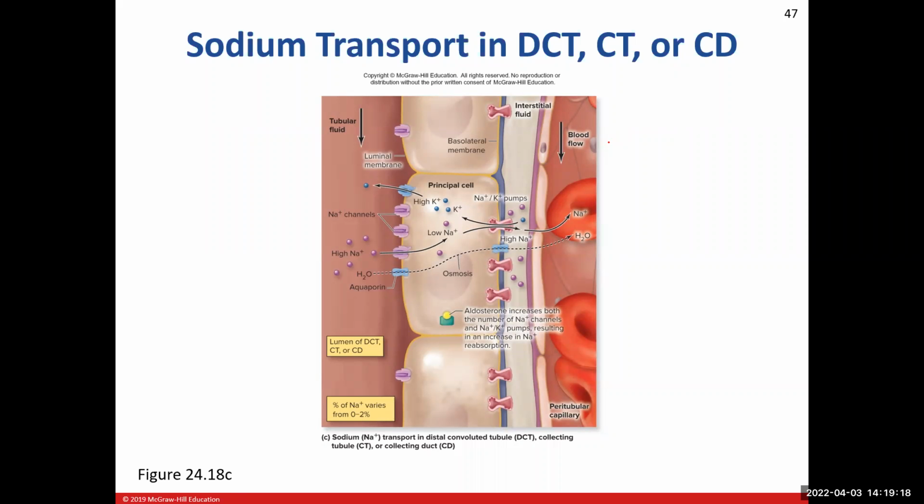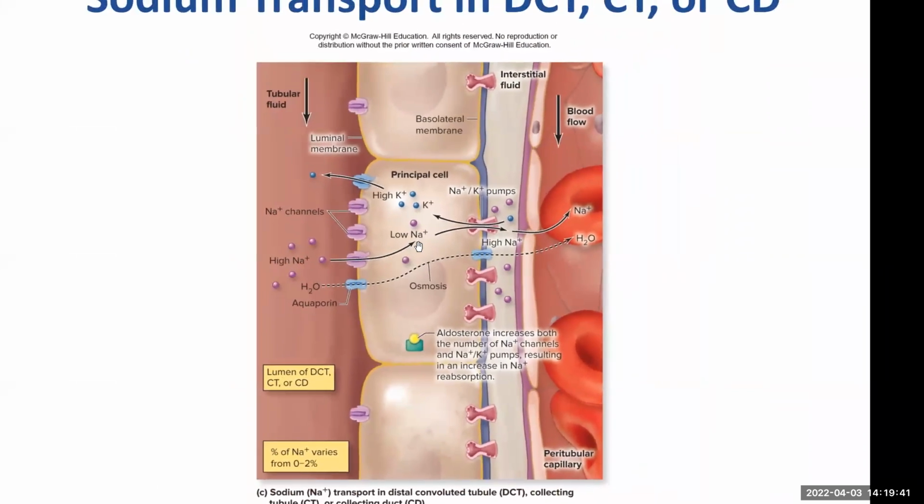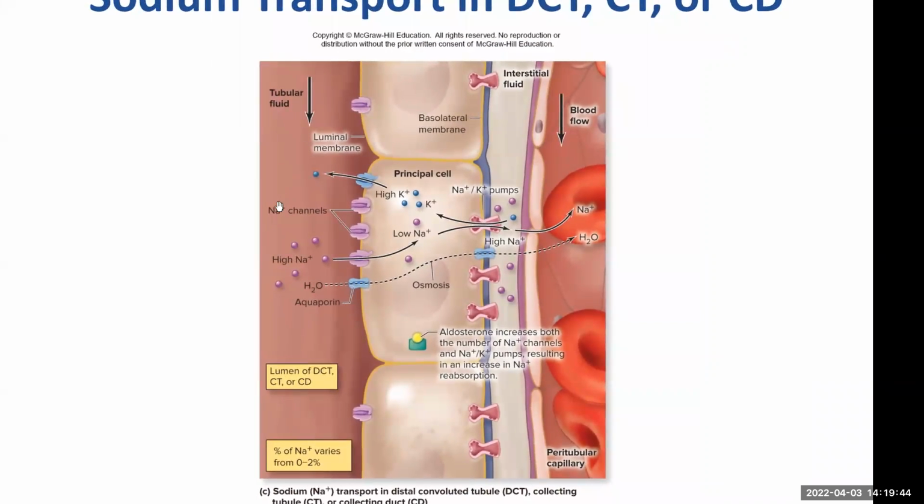Now, when we get to the end here, near the distal convoluted tubule, our collecting tubules and ducts, what the body's need is for sodium will determine what's going to happen. So in this scenario, what we're seeing is sodium moving from the tubular fluid into our bloodstream.